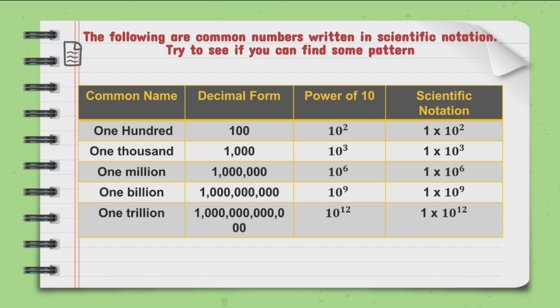As you observe from this table, for numbers that are written as large numbers, we expect that the exponent is positive. So if the number is a whole number or a large number, the exponent is positive. If it is written in decimal form, we expect that the exponent is negative.